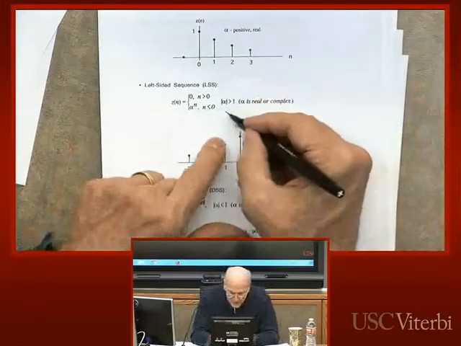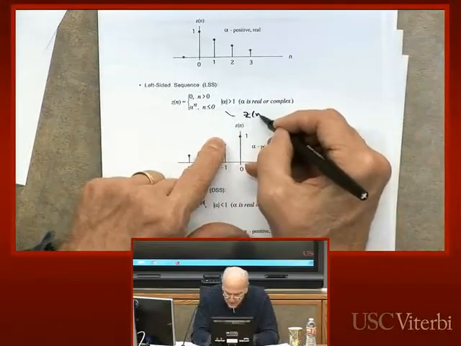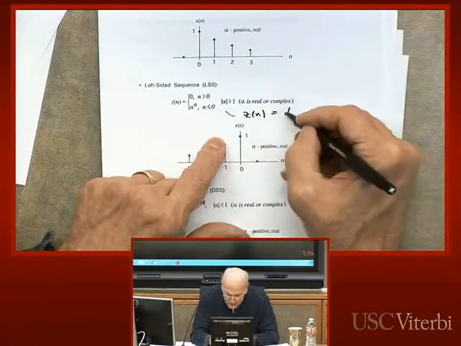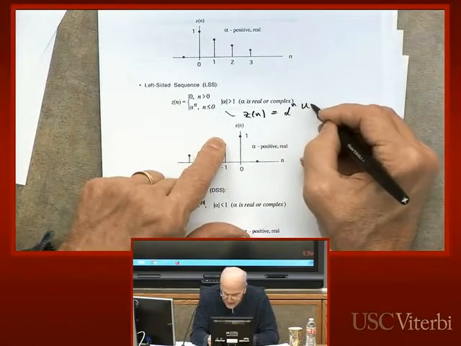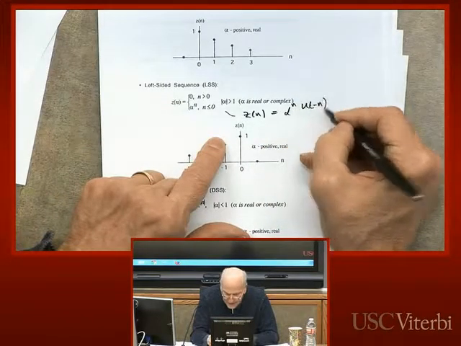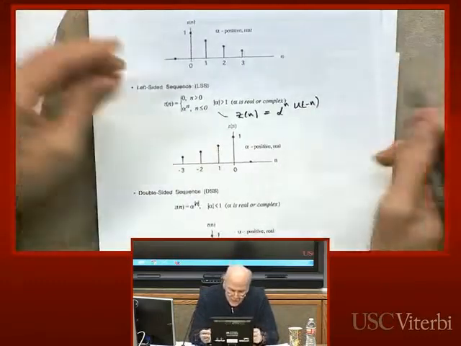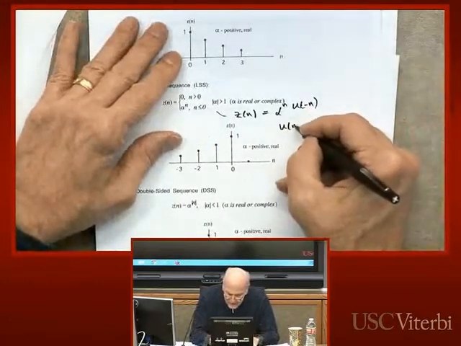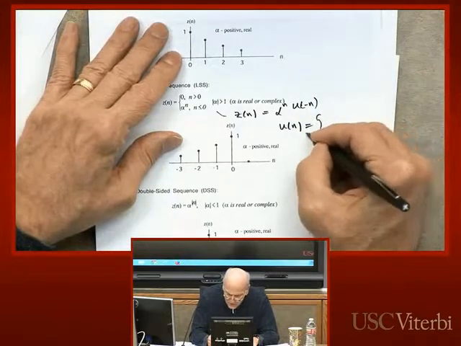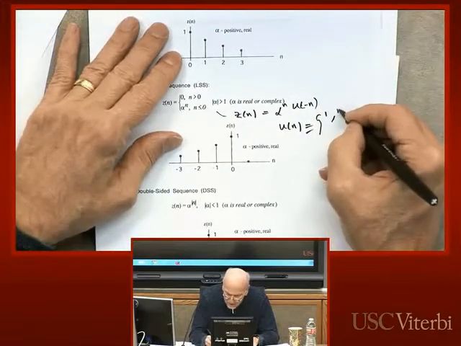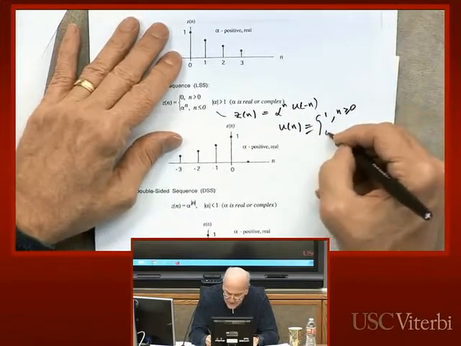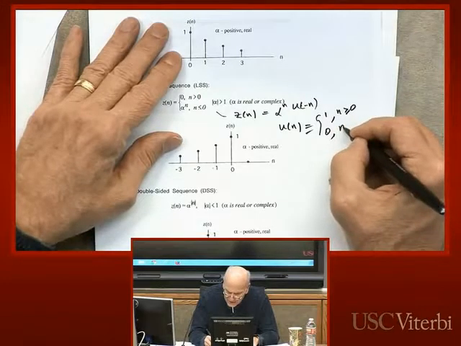Which can also be written, if you want to use this notation, using u of minus n, okay? I should have pointed out that u of n is another one. u of n is defined to be 1 for n greater than or equal to 0, and 0 for n less than 0.